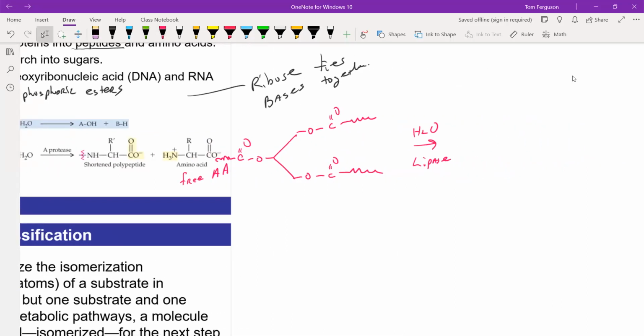That lipase would cleave that ester bond right there, so we end up with either three fatty acids or three fatty acid salts, depending on whether this was an acidic environment or an alkaline environment, plus glycerol.